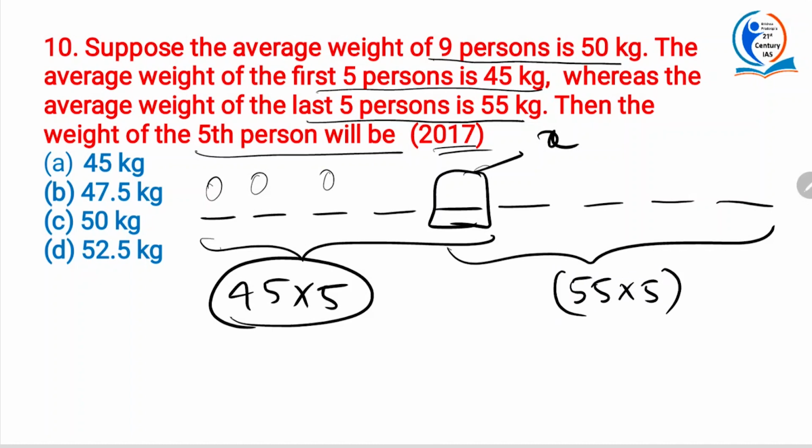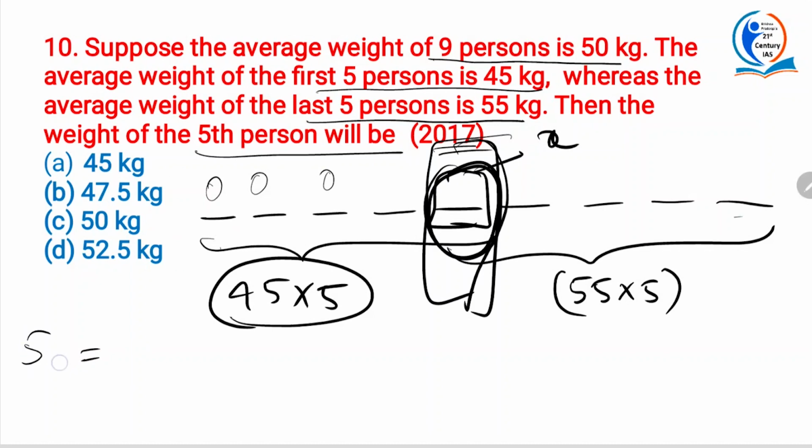Now this fellow's weight is being counted 2 times. The first 5 people include this fellow, and the last 5 people also include him. So what do we have to do when we are finding the average? The overall average of all the 9 persons put together is 50, which is the sum of the weights of all the 9 people by 9.